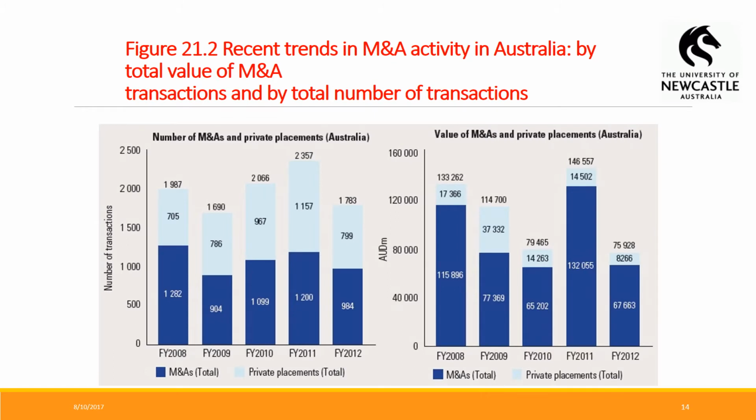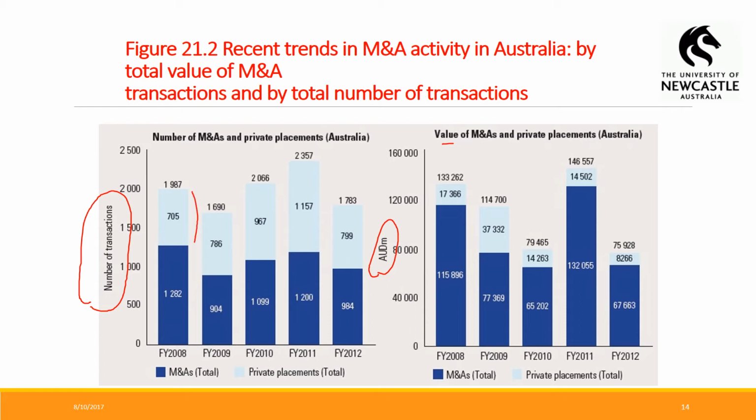We then look at the M&A activities in Australia. In this graph, we're looking at the number of transactions. We're comparing the number of M&A transactions with private placements on the left-hand side, and on the right-hand side we have the size of M&A transactions relative to private placements.